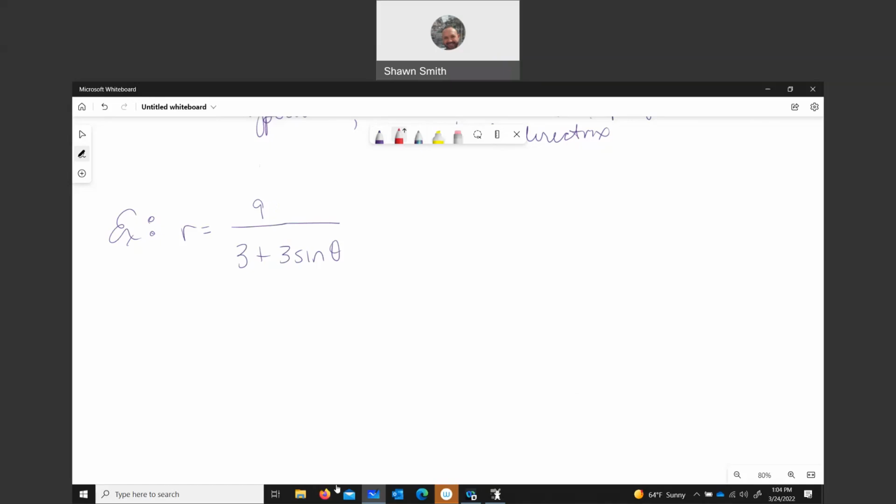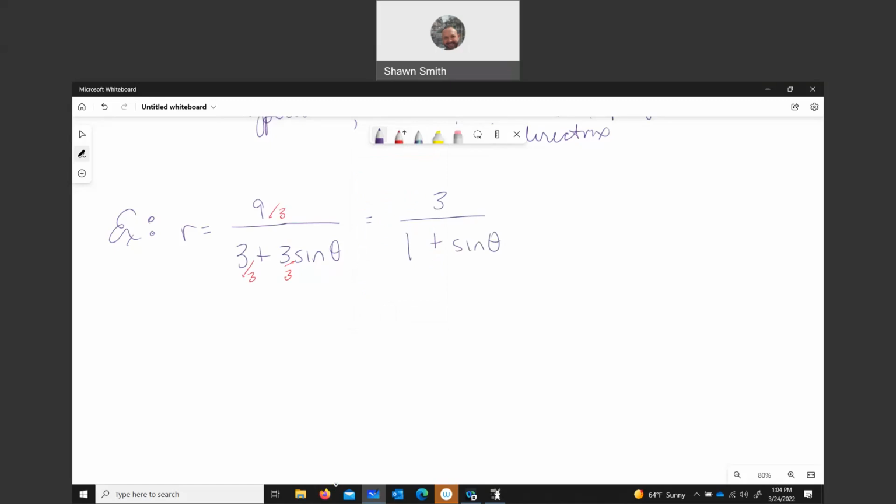I need the leading term in the denominator to be a 1, so I'm going to divide everything by 3. I divide this by 3, this by 3, this by 3, and I am left with 3 in the top, over 1 plus 1 sine theta.